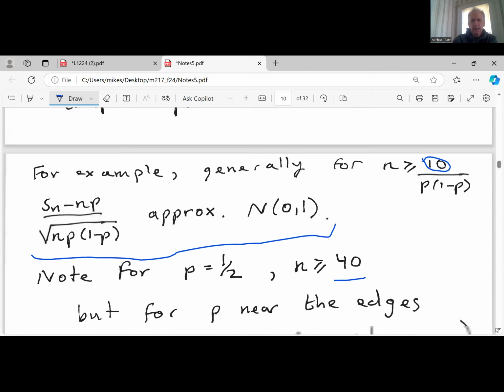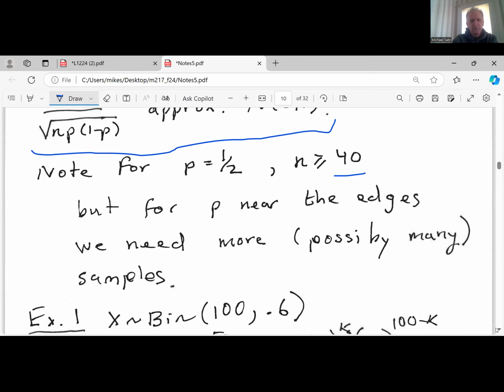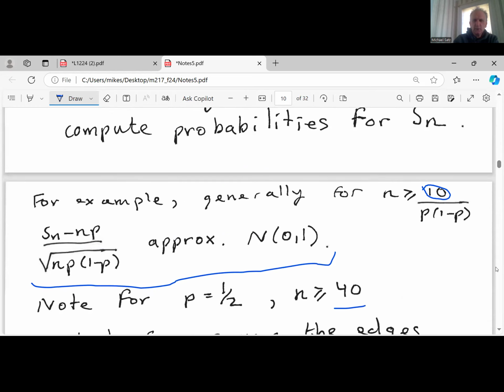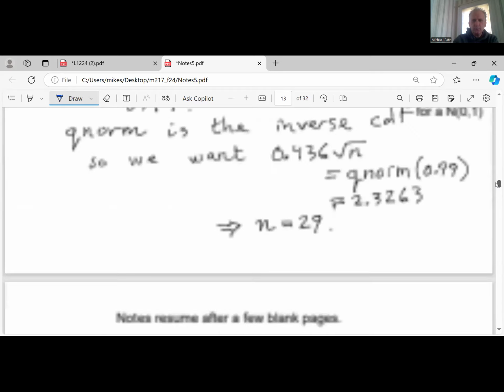For the p equals 1/2 case, you get 40, but when p is on the edges, you need more, because it's easier to misrepresent when you have the smaller probabilities of successes or of failures. So you can use this formula. It's not going to really be emphasized in this class, though. We're just going to usually use pretty big numbers and just try to approximate with it.